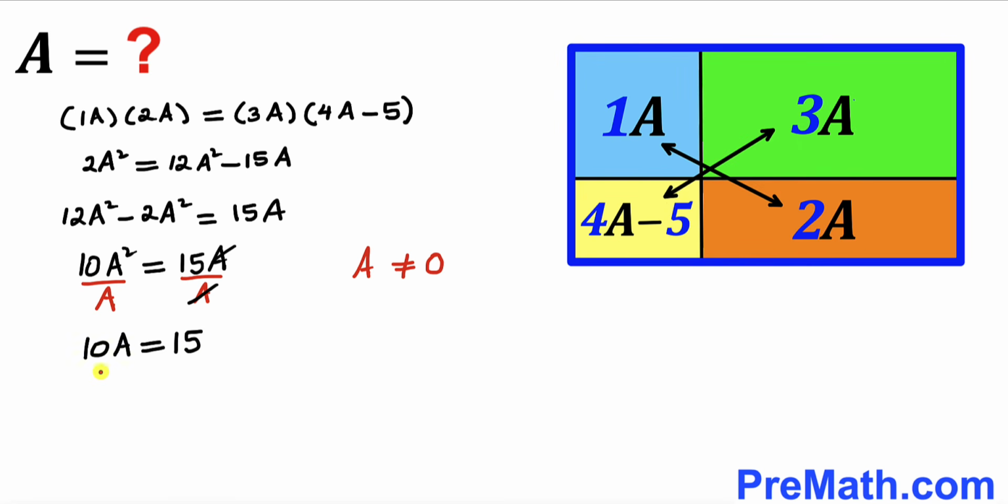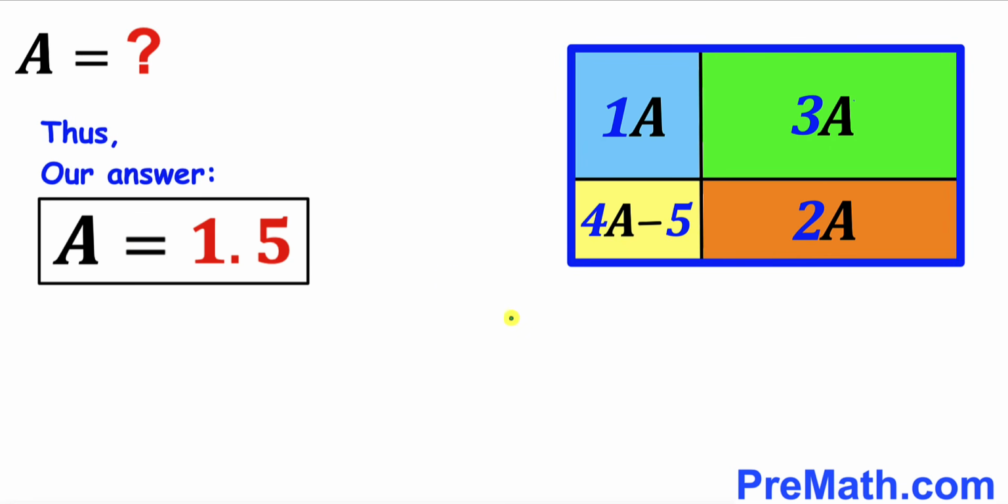Now I'm going to divide both sides by 10 to isolate uppercase A. So after all the calculations and manipulations, our uppercase A value simply turns out to be 1.5.